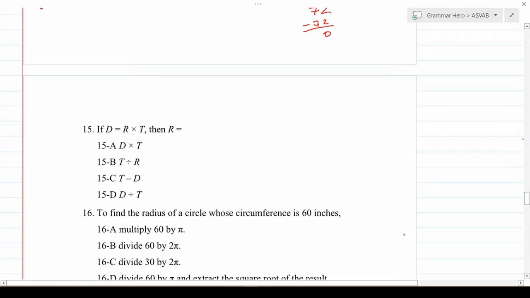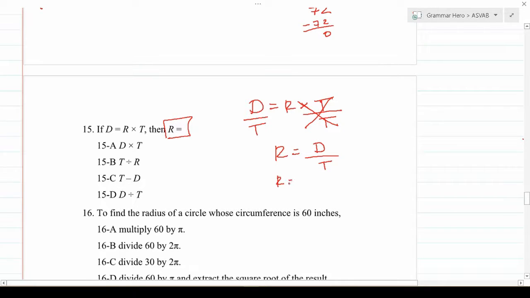If D equals RT, then R equals. So this is just prompting you to rearrange the equation. D equals R times T. We want to know what R equals, so we're going to rearrange the equation. I'm going to divide both sides by T to get rid of the T here. This cancels out, so I'm left with R equals D divided by T. Again, fractions are the same thing as division.